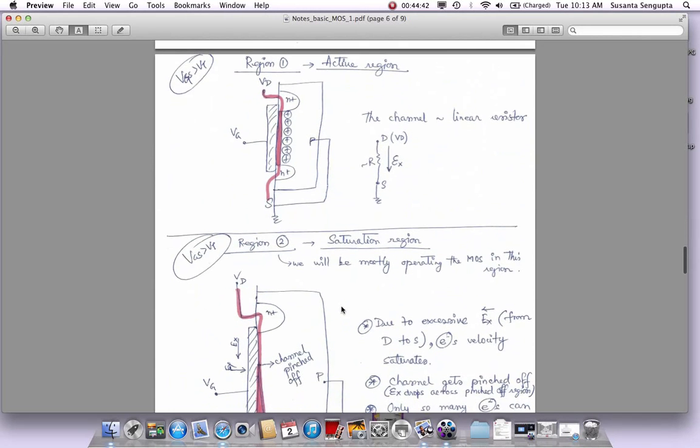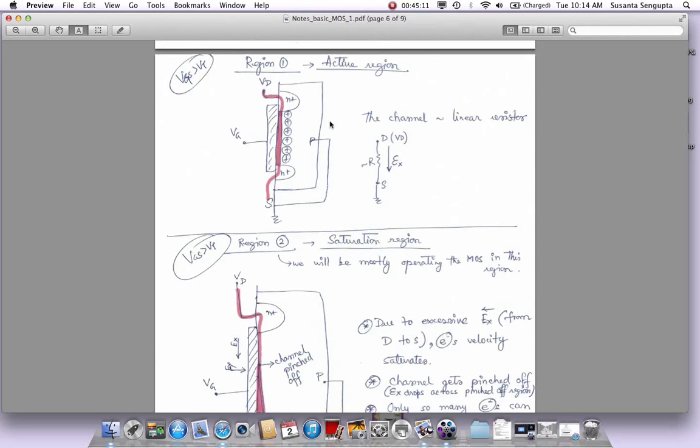First we'll talk about region 1, which is the active region, as I mentioned, where it acts like a resistor. Here, my assumption is always that we are above the threshold voltage, so the channel is formed significantly enough. So VGS is greater than VT. And as we change VDS, as we increase VDS, the electric field changes.